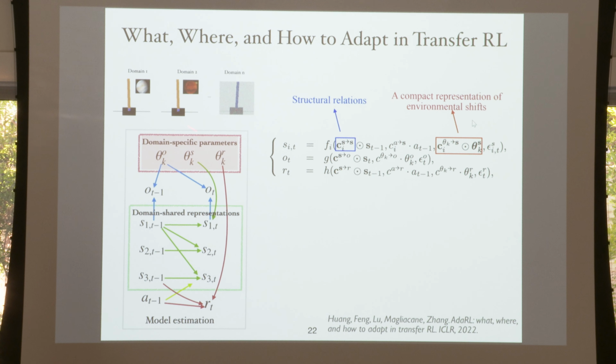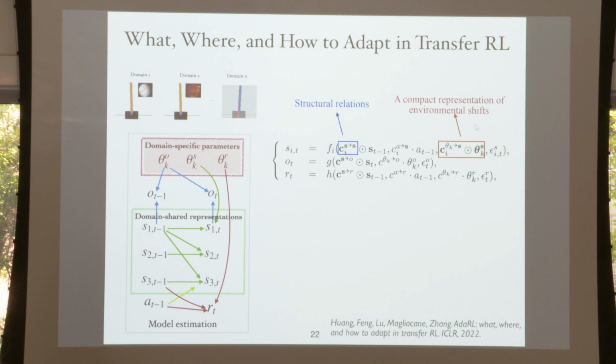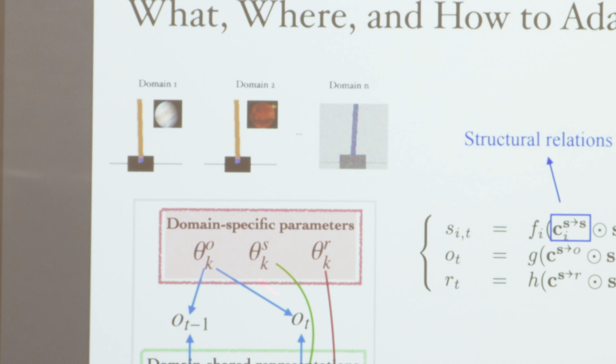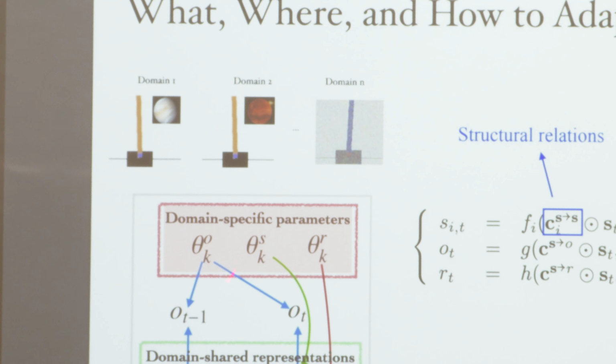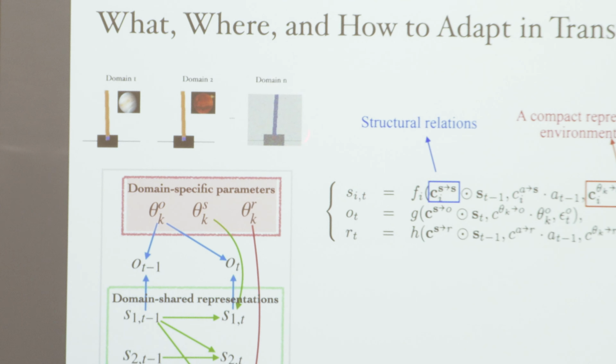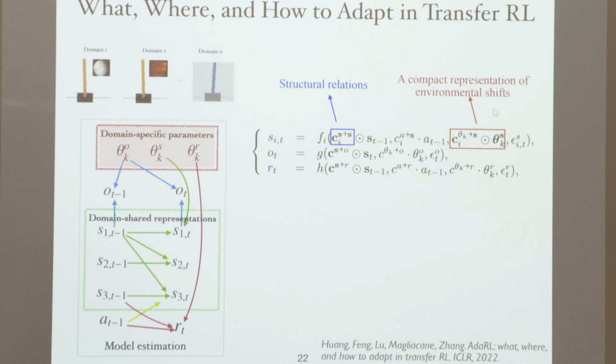In this example, we can use theta S to represent the one-dimensional gravity change and theta O to represent the change of the noise ratios added on the images.